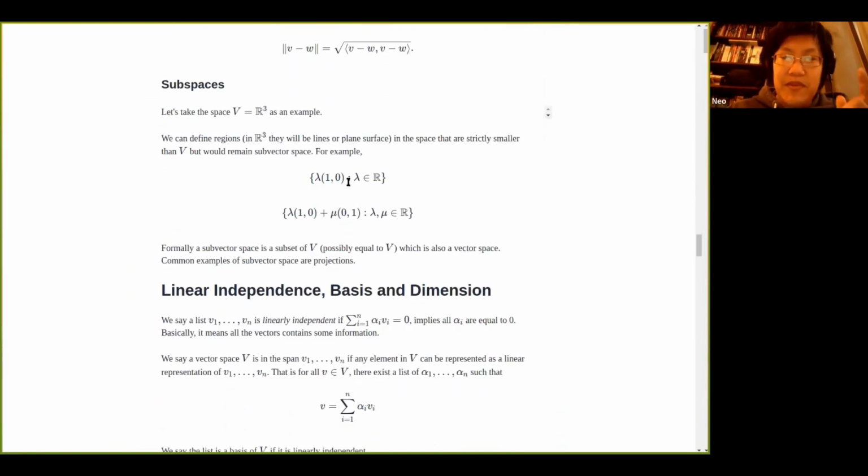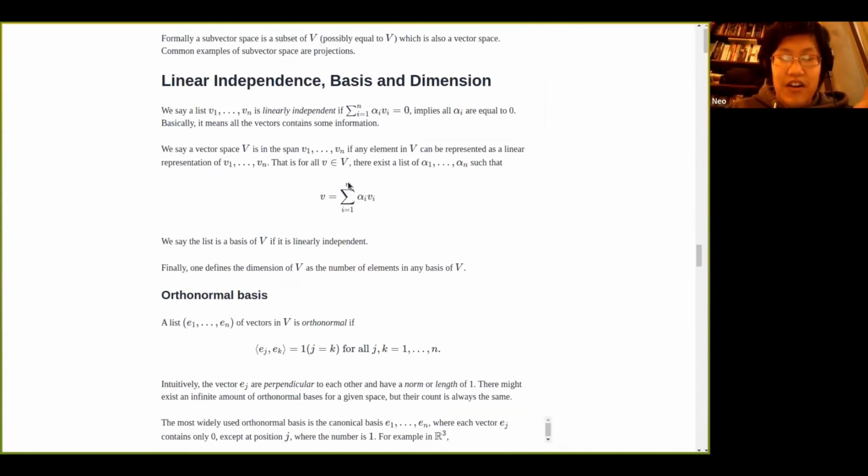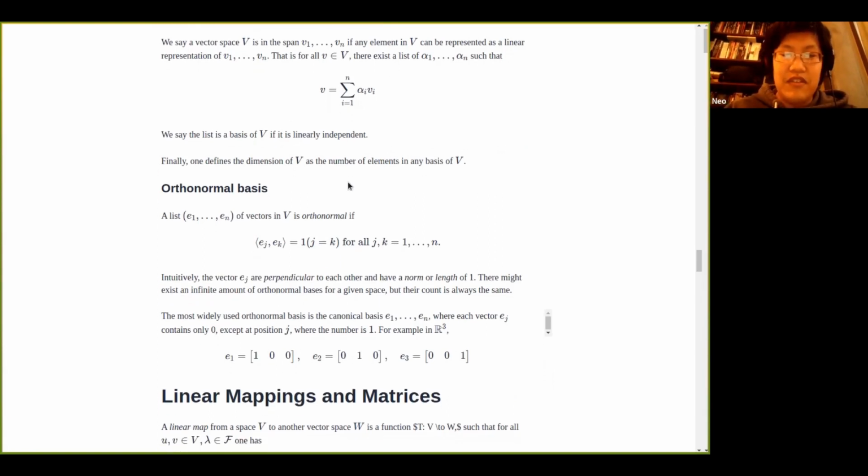And you define what a subspace is, which is a subset of the elements that is still a vector space. You define what the dimension is by saying, if you find a list of vectors that all contain some information and it spans the whole space, then this is a basis. And finally, some bases are more powerful than others because the elements inside the list are perpendicular, that is, they have a scalar product of 0 if they're not equal to themselves.